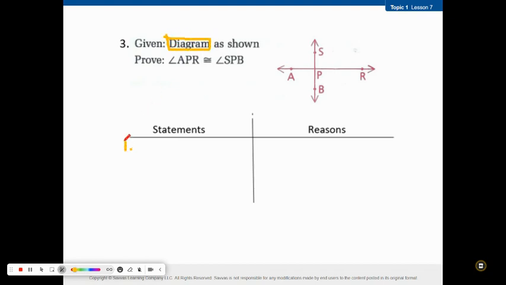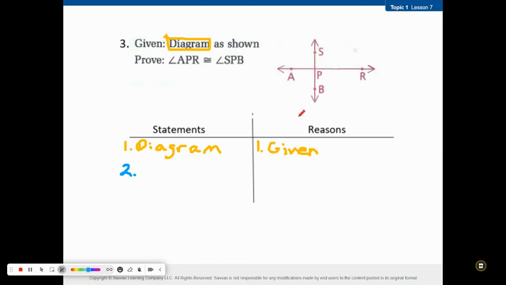So 1, you write diagram. And you state, hey, that's my given. Part 2 is going to be, it says prove that APR, so this right here, is congruent to SPB.